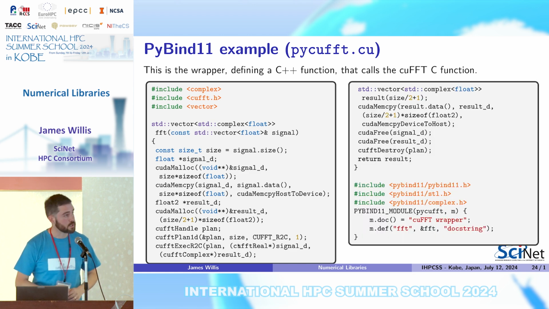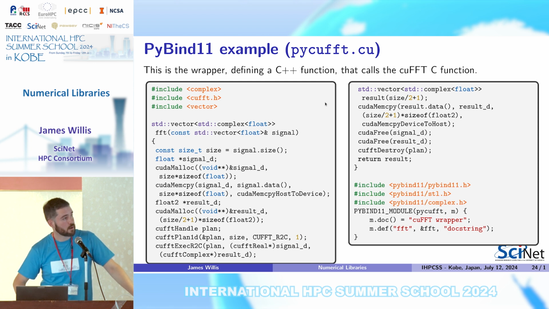And when we have computed our result, we copy the result back to the CPU from the GPU, so that's what this cudaMemcpy device to host is here. And we make sure that we free the memory on the GPU and destroy the plan that we created to compute the calculation. So that's the C++ side of things.